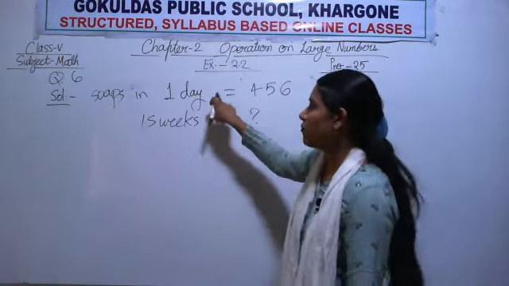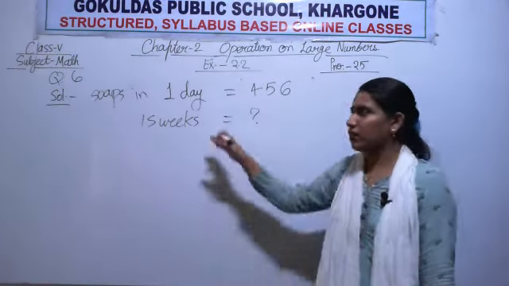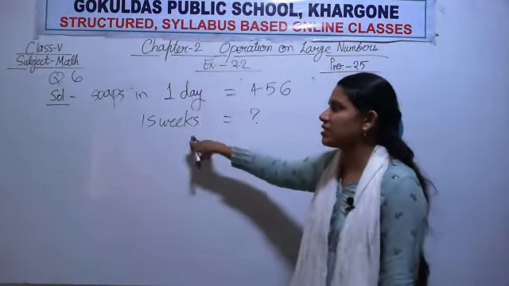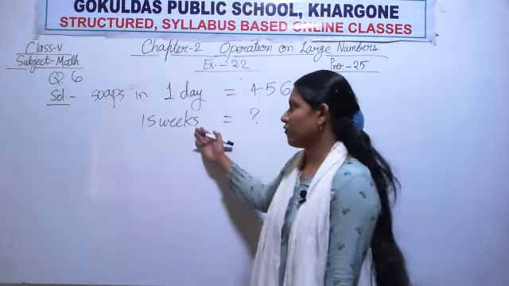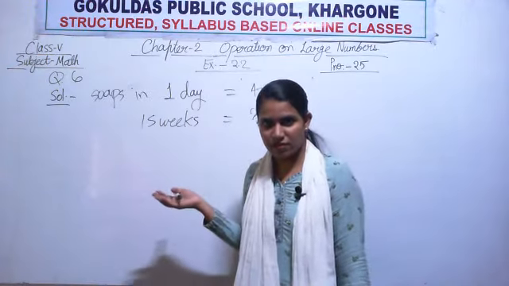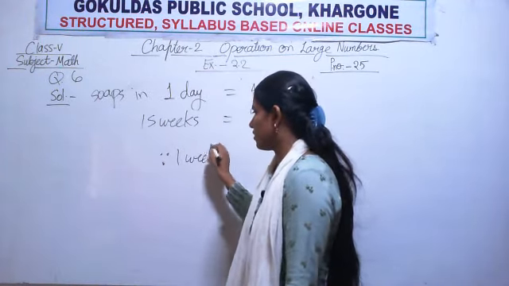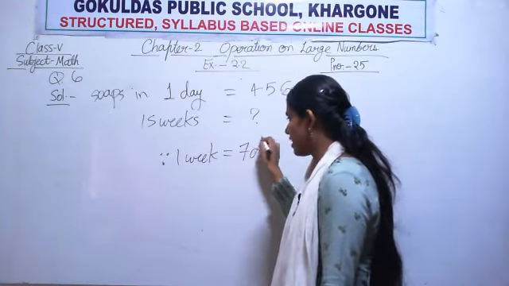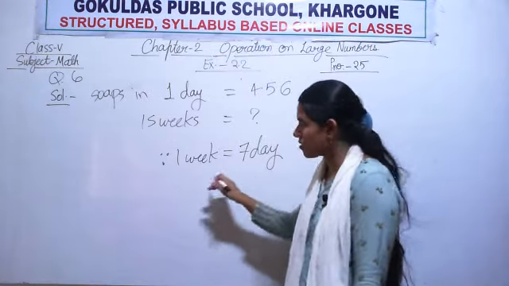You will say, ma'am, how will we multiply? The given data is different. Here they have given for 1 day and are asking for 15 weeks. So remember, weeks are made up of days. As we know, 1 week equals 7 days.